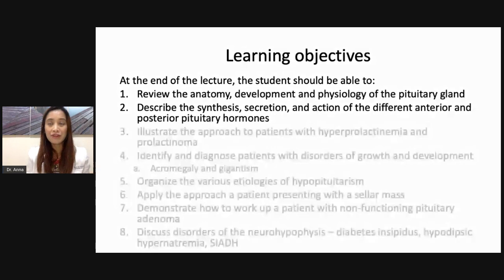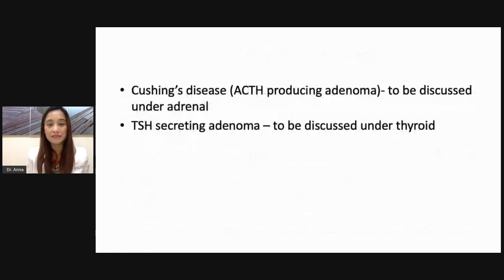So this lesson will be divided into 6 parts. For the first part, we will be trying to achieve objective number 2: review the anatomy and briefly review the different anterior pituitary hormones.